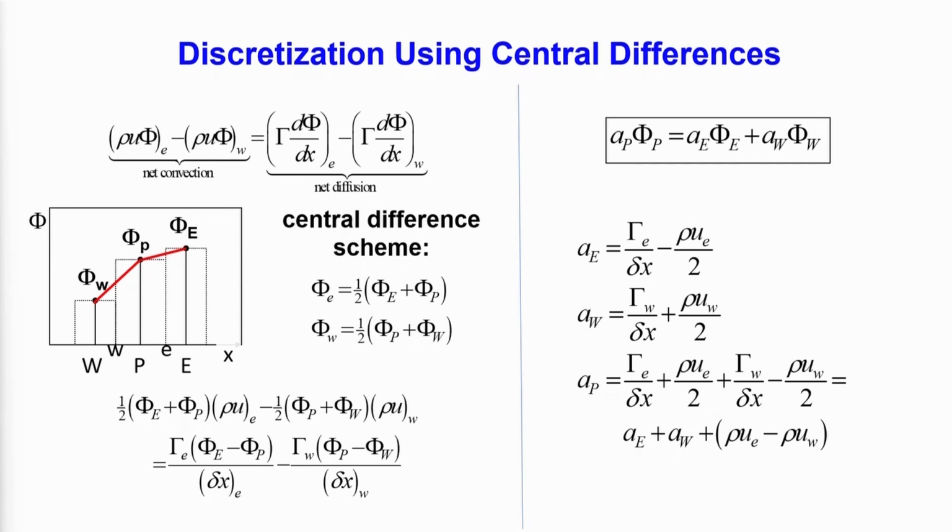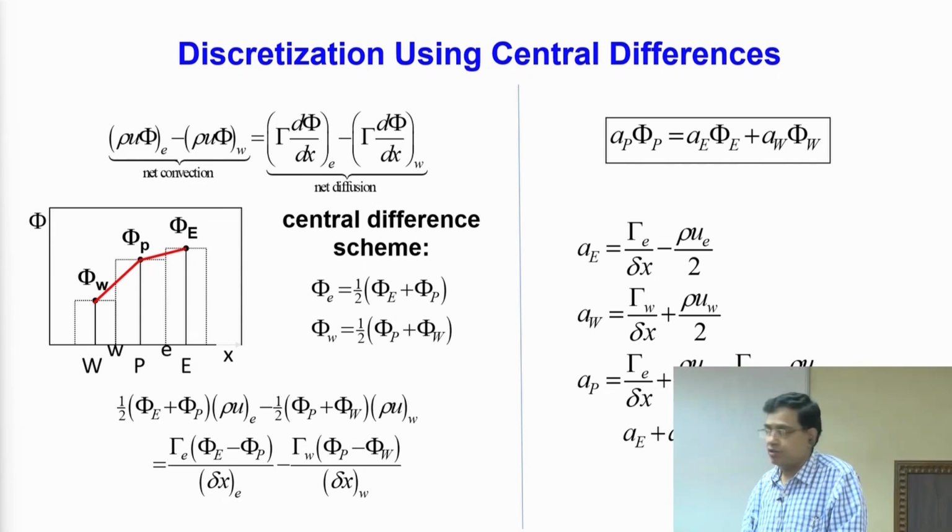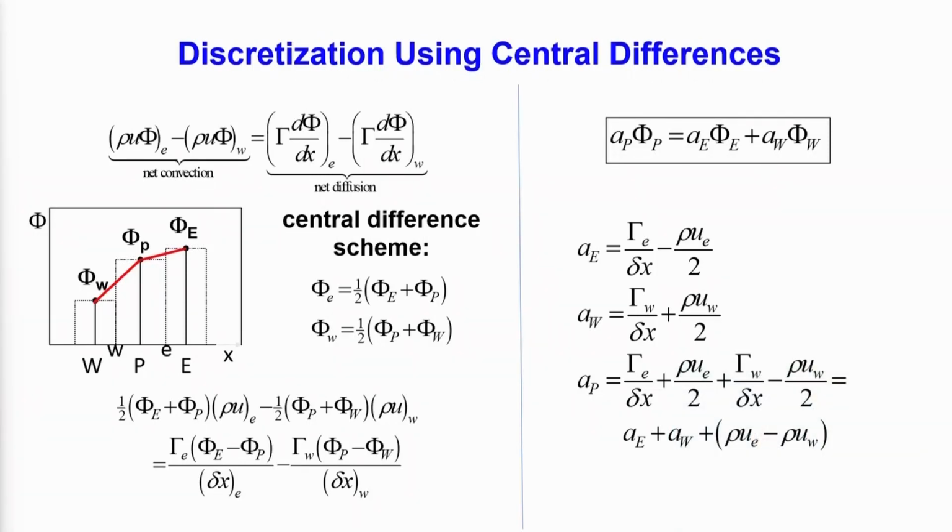So, one very obvious observation that you can see, that if u is positive along the x direction, then AW, so we have assumed that delta x E and delta x W are all the same, and that is equal to delta x, just to write simplified form.